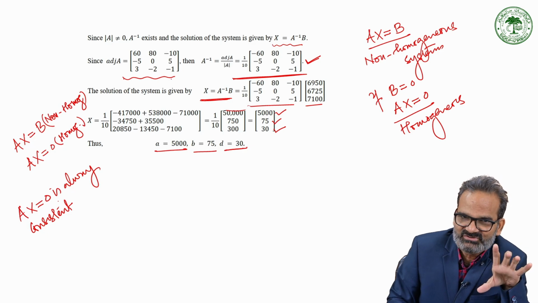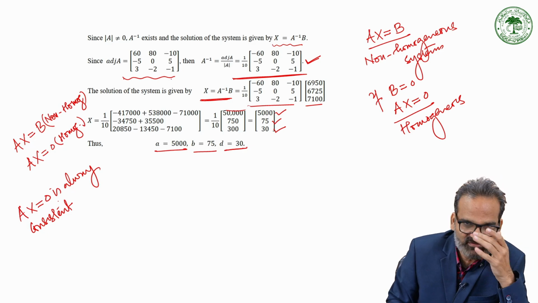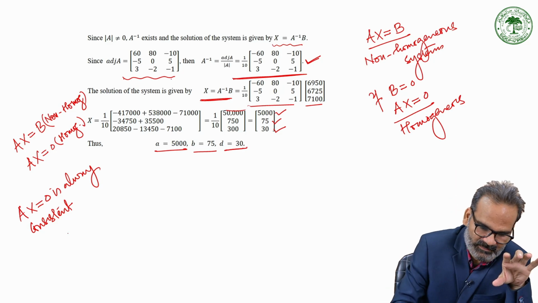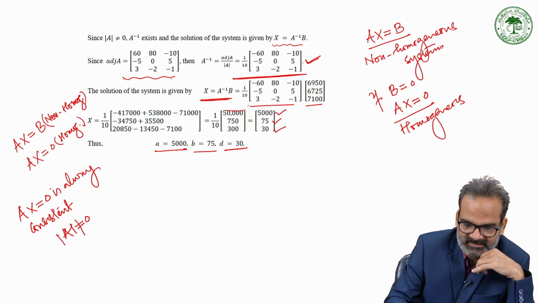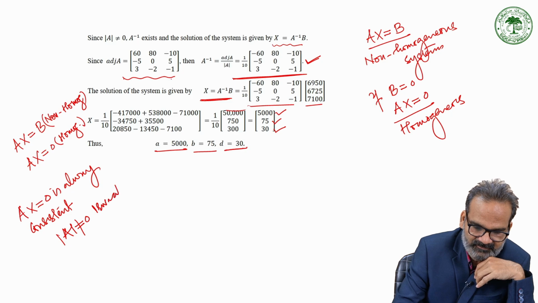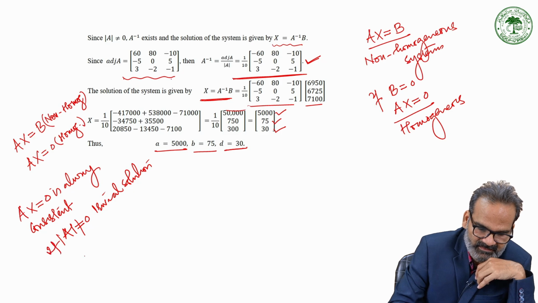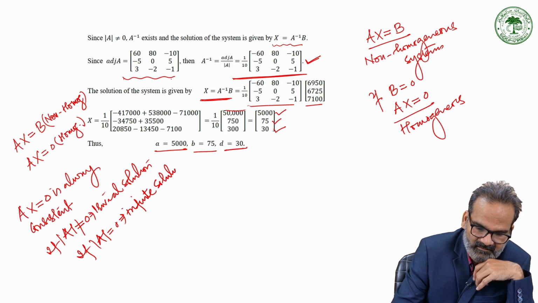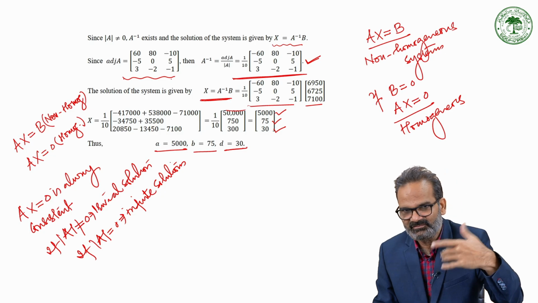It will have a solution, but it will have two kinds of solution, a trivial solution or a non-trivial solution, depending upon determinant of A. If determinant of A is not equal to 0, then it will have a trivial solution. And if determinant of A is equal to 0, then it will have infinite solutions, right? This is left to be discussed.